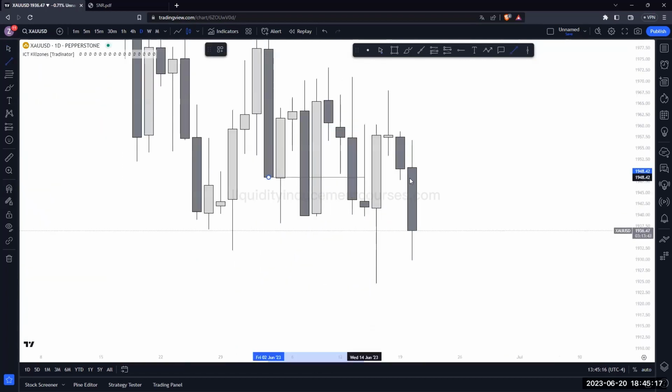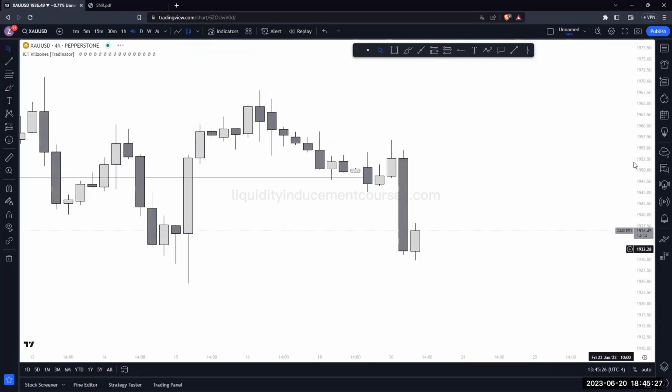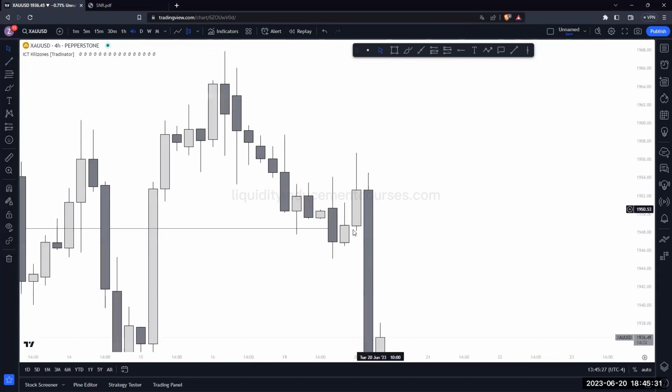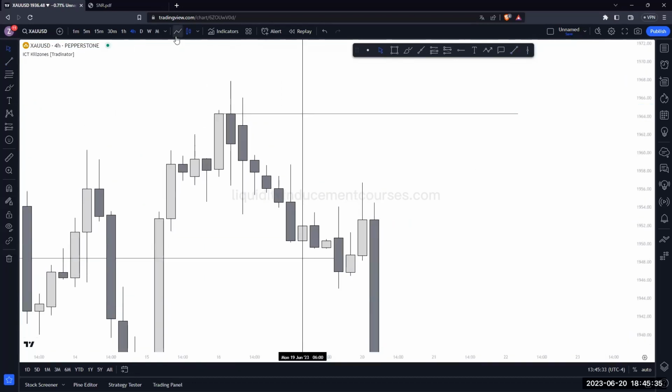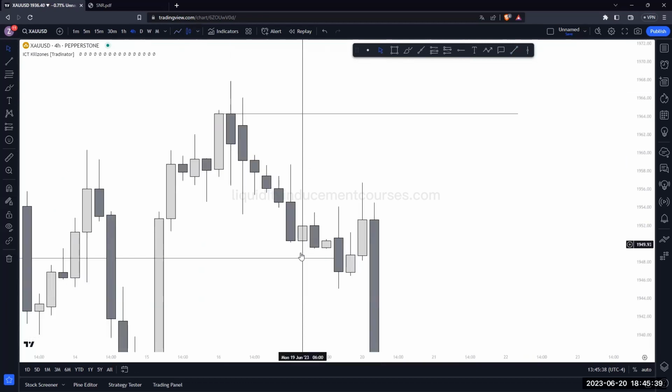Is it this daily? Yeah, okay. H4 breakout. Price touched here. What is the breakout, bro? There's no breakout.